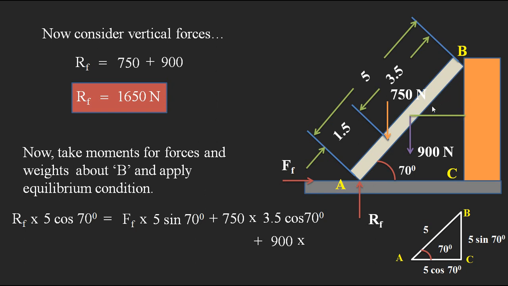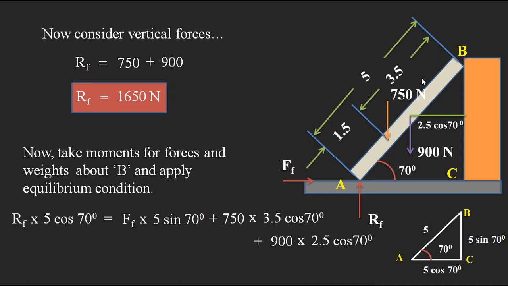So this angle is again 70 degrees only, and this 900 newtons is acting exactly at the middle position. So automatically the remaining length becomes 2.5. So this adjacent side becomes again 2.5 cos 70 degrees from the right angle triangle construction only. So the perpendicular distance is 2.5 cos 70.